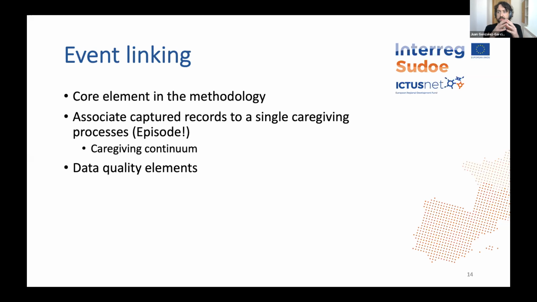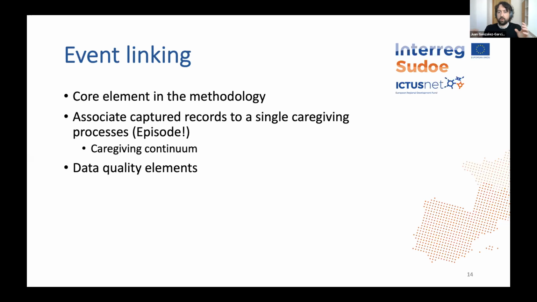What we want to see is the caregiving continuum. So we want to be able to link from the very entry point to the very exit point in the code stroke pathway activities. So what is this event linking? Once you have the different events, it is being able to consider a set of them for a given patient as a whole episode.